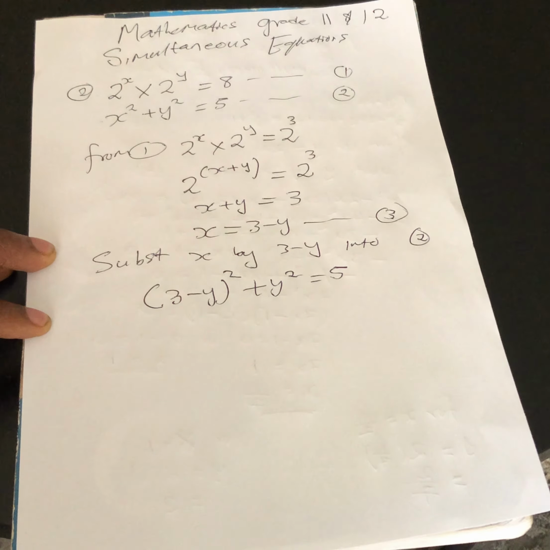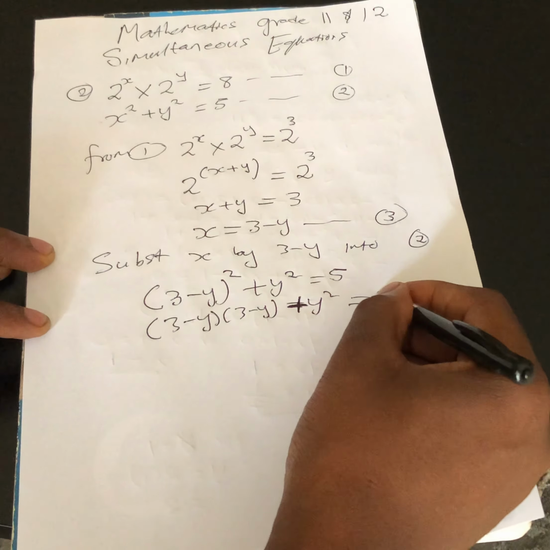Once you reach here, you are now going to deal with algebra. We know the square means that we are having that bracket twice. You can try to simplify that, or because you are here, let me just assist you in this manner to say (3 minus y)(3 minus y) plus y squared is equal to 5.